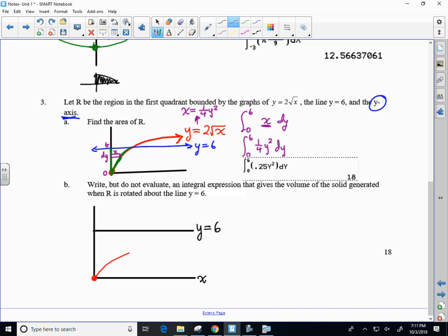Going to exaggerate a little bit more. We'll have that intersection there. This is again y equals 2 root x. All right, so I'm spinning around this.